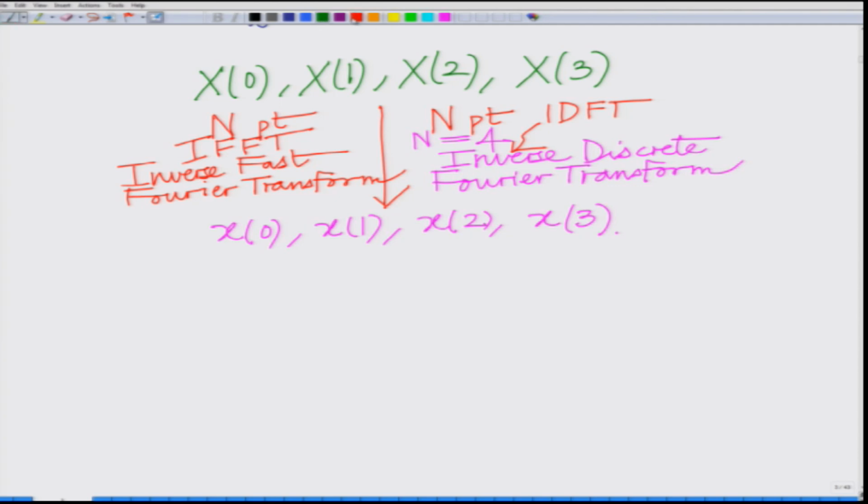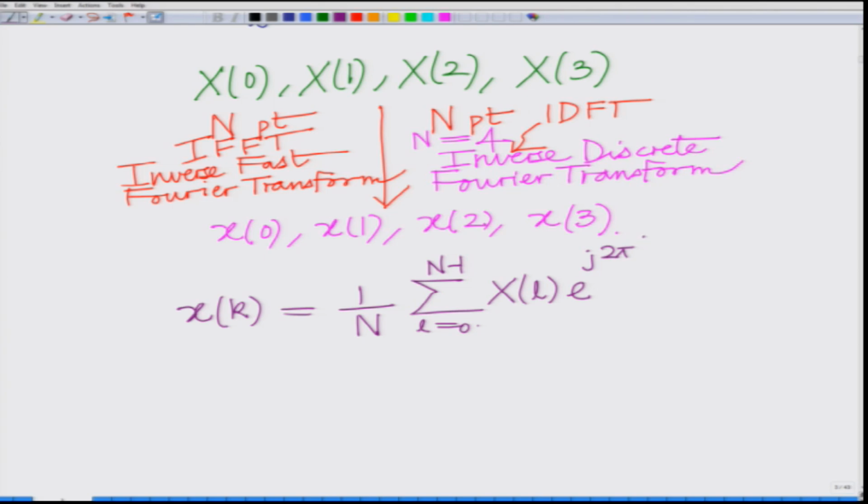Therefore, small x of k is the sample corresponding to the inverse fast Fourier transform. As you know, this is given as 1 over N, summation L equal to 0 to N minus 1, capital X L e to the power of j 2 pi k L divided by N. This is the expression for the IDFT, which all of you should be very familiar with.